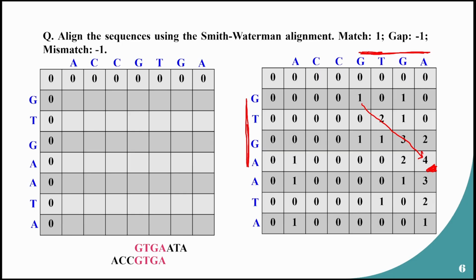These two are aligning together, and that's how you get the local alignment without having anything to do with the whole protein's alignment, right? So here GTGA versus GTGA is matching. So that's basically how you find out the local alignment for a given set of sequences, right?